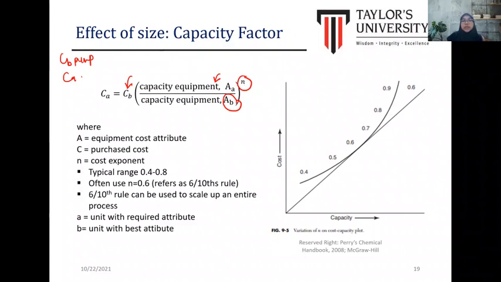The typical range for the cost exponent is from 0.5 to 0.8, but usually we use 0.6 as the reference or typical value. This is based on the six-tenths rule, which can be used to scale up an entire process.